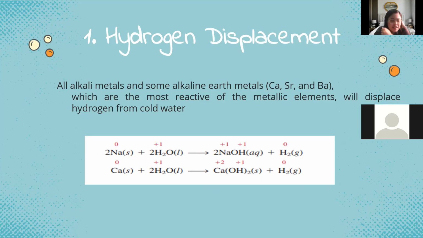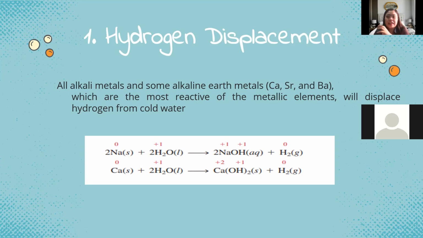So, this is where we have reactions involving water plus a metal. And if ever the metal is more reactive than hydrogen, then it will replace one hydrogen in water. So just like the examples on the screen, we have there sodium.